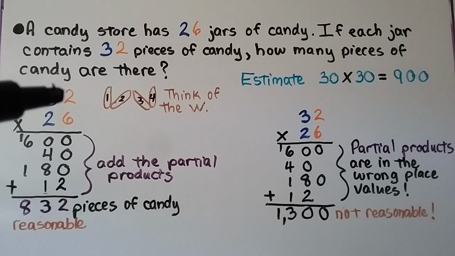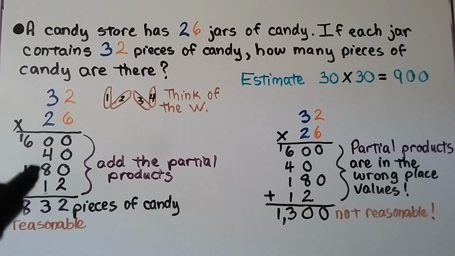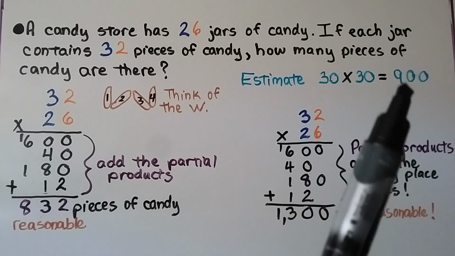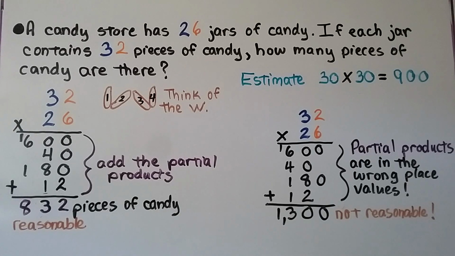Then we do 6 times 2, which is 12. We add all the partial products. We have a 2, we have an 8, and a 4 is a 12, plus 1 more is 13. We regroup the 1 and put the 3 down. We have 6, 7, 8. We have 832 pieces of candy. And that's reasonable because our estimate was 900.